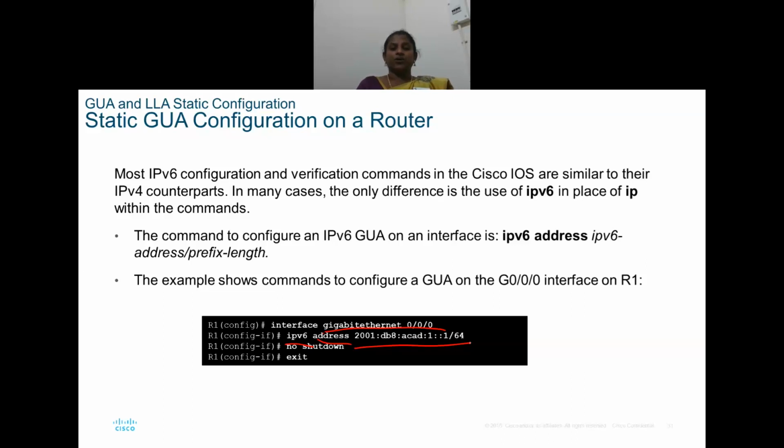This is an example of how you assign an IP version 6 address to a router. You have to give the prefix length also. The command is ipv6 address. So statically you can do this.